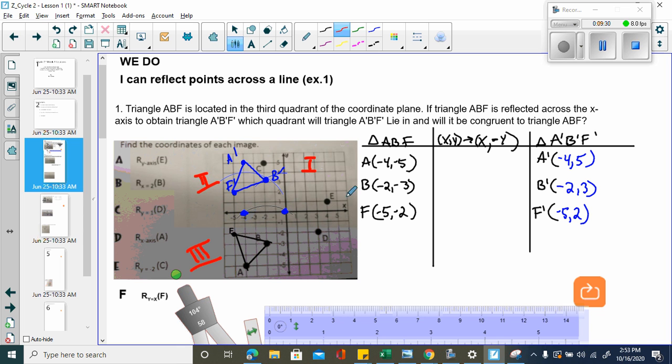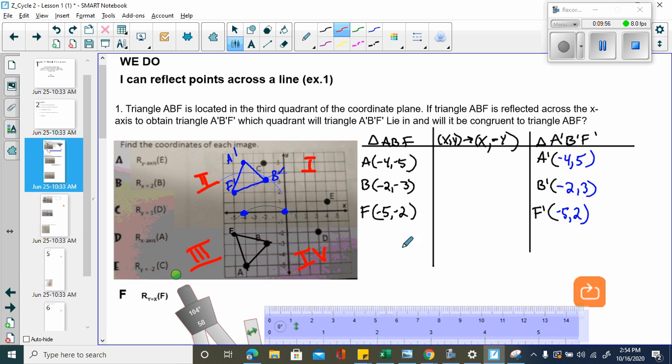And this is quadrant 4. Again, I can see that the original, the black triangle, is in the 3rd quadrant, and my blue triangle ends up in the 2nd quadrant when I reflect it across the x-axis.